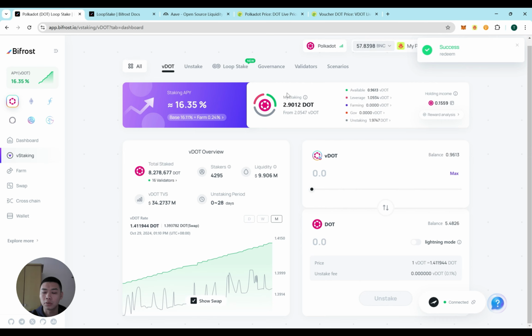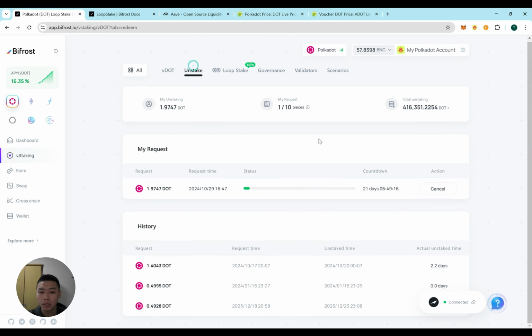And you can see the circle right here. It's interesting, right? The right one is what we have in the leveraging position, the green one is the available amount, and the gray one is the amount under unstaking. If you don't know the status and information about liquid staking on this page, you can go to see the video where we introduced liquid staking. And then all we need to do is wait until the unstaking request, the redemption request, is executed, and we are clear.